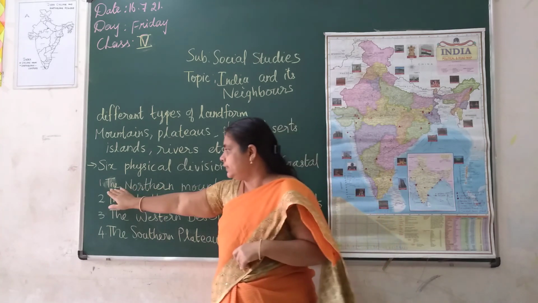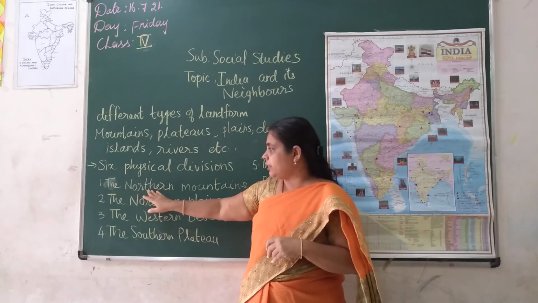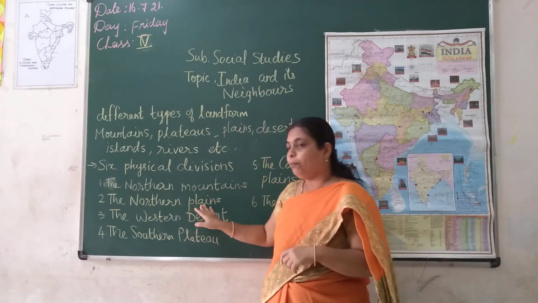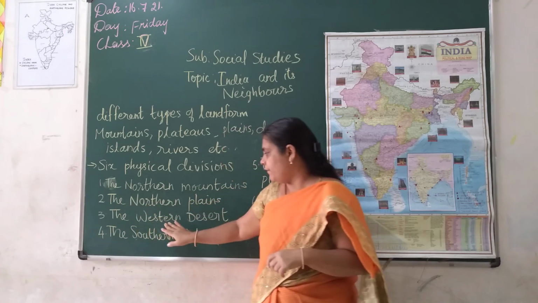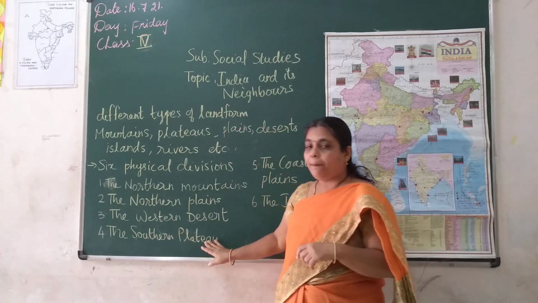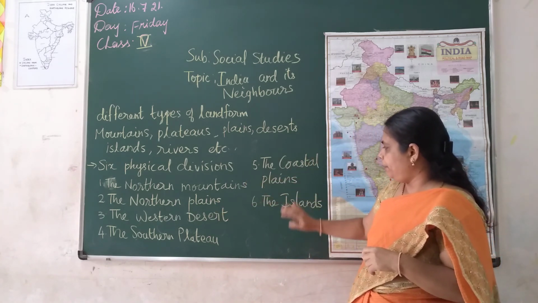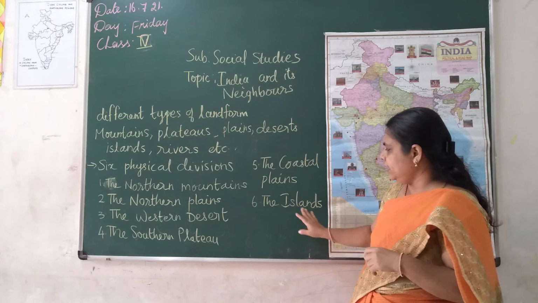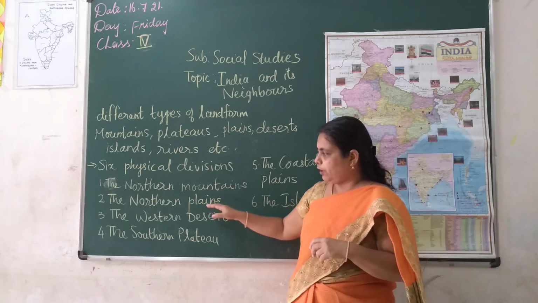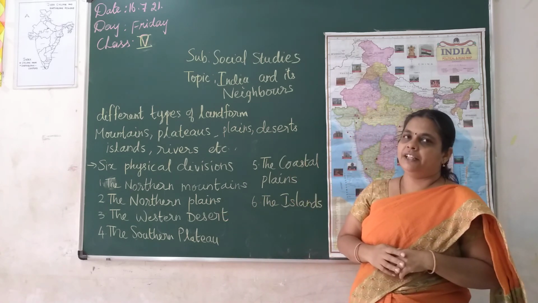The northern mountains, the northern plains, the western desert, the southern plateau. Fifth one, the coastal plains. The sixth one, the islands. In your textbook, one by one we are going to see all these 6 physical divisions.